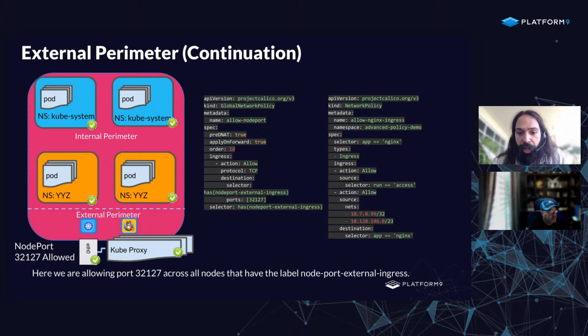But what we are considering as our source is going to be the IP of the node port itself, and the second one, the block of IPs that is coming from our workers, because that's how the traffic is going to be seen. So at that point, let's continue and move on.